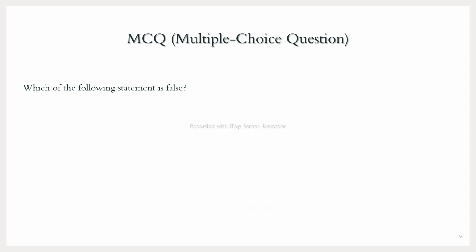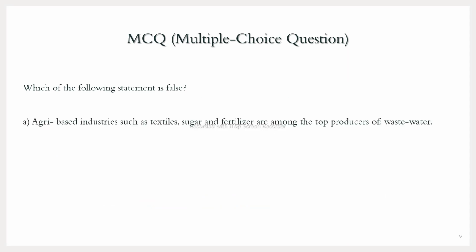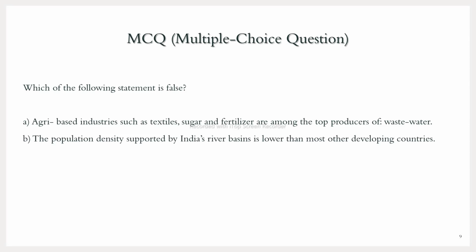Which of the following statements is false? Option A, agri-based industries such as textiles, sugar and fertilizer are among the top producers of wastewater. Option B, the population density supported by India's river basins is lower than most other developing countries.